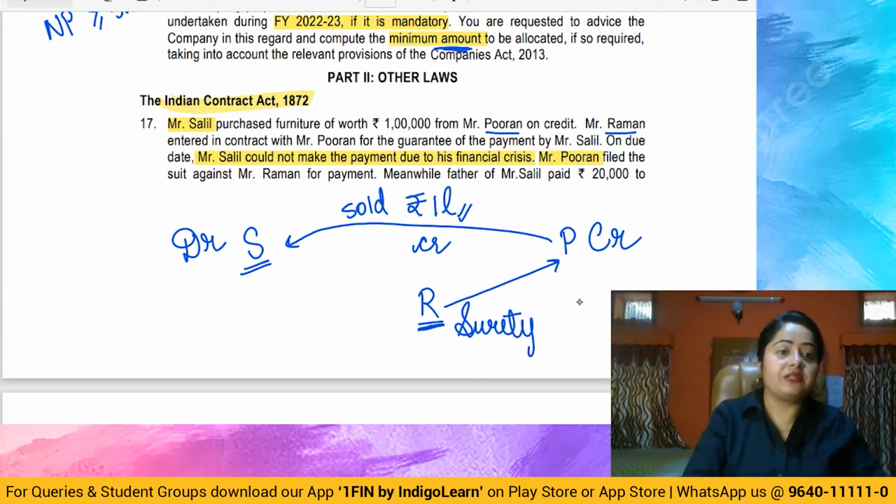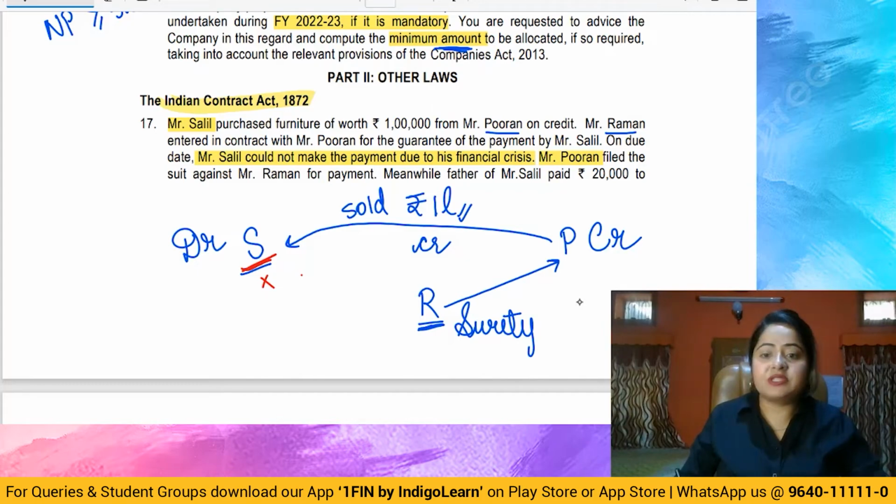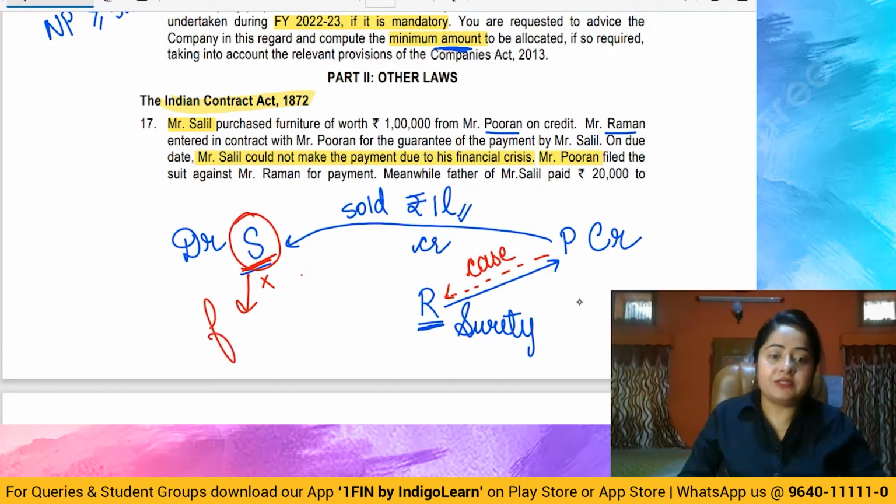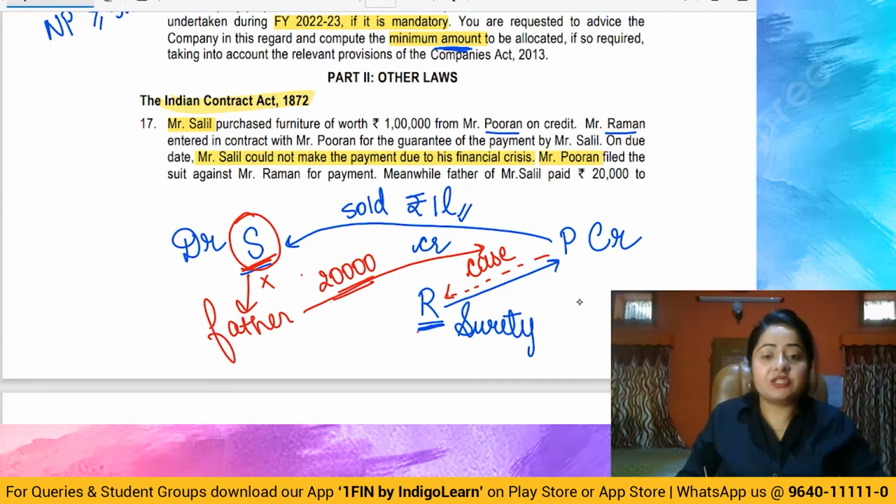So what happens here is that Mr. Salil fails to make the payment. So Mr. Puran files a case against Mr. Raman to make the payment, right? Now Mr. Salil's father gets to know about it. So his father pays Mr. Puran 20,000 rupees, right? Now Mr. Raman is unaware of this fact.